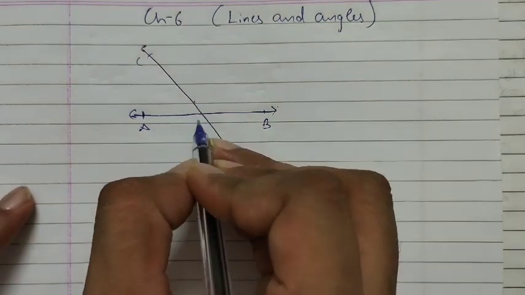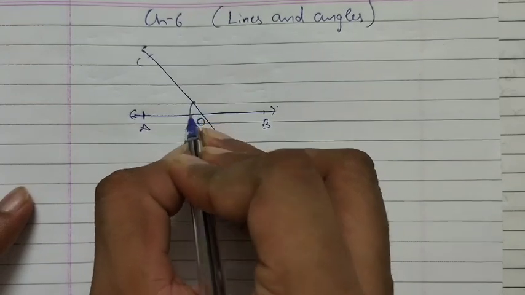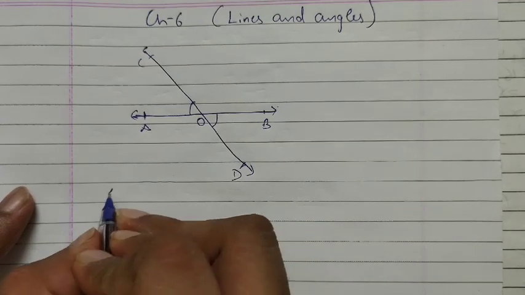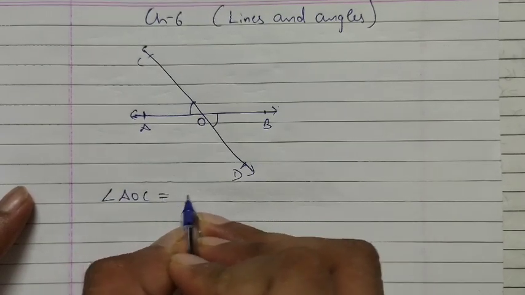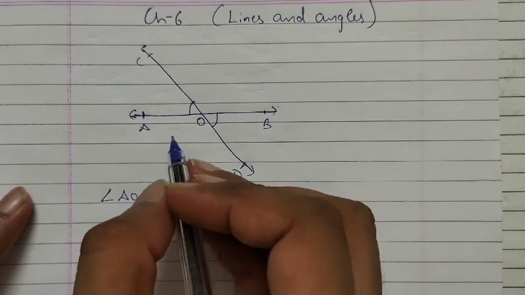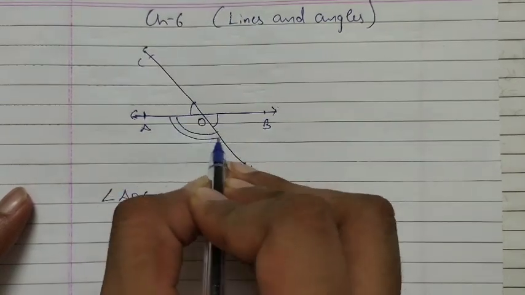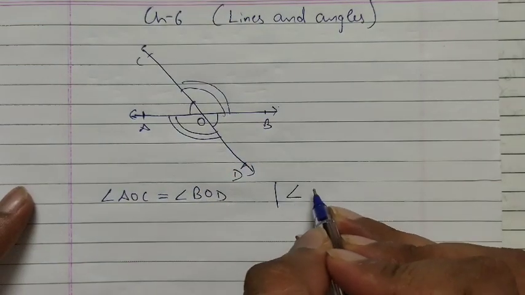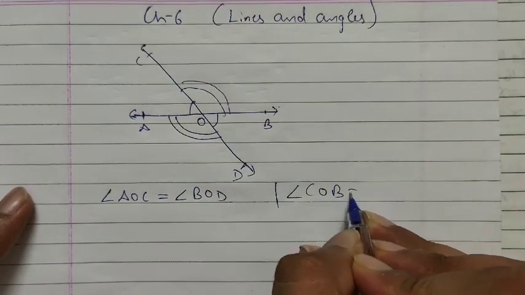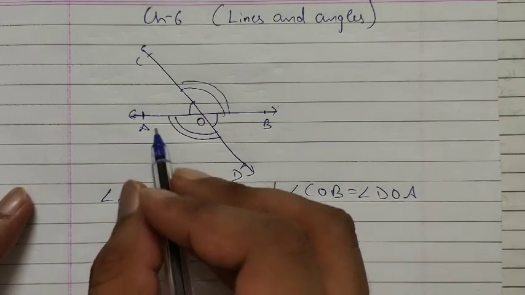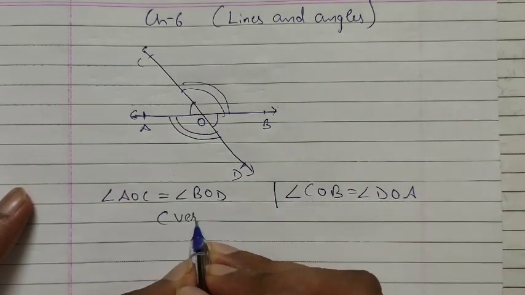Firstly, if this is O, these two angles are equal: angle AOC is equal to angle BOD. Secondly, these two angles are also equal: angle COB is equal to angle DOA. The reason being these two angles are vertically opposite angles.